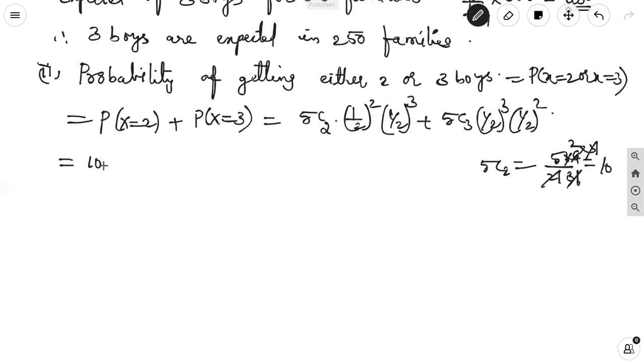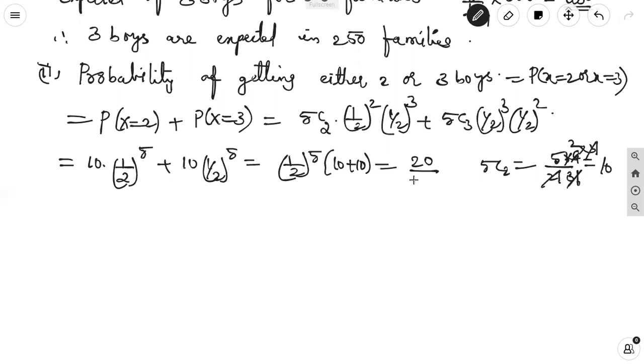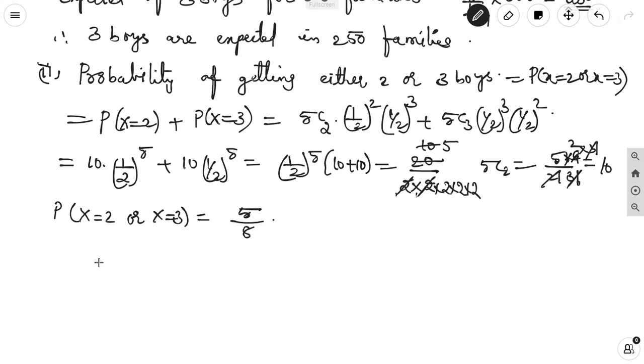It is equal to 10 into 1 by 2 whole power 5 plus 10 into 1 by 2 whole power 5. 1 by 2 whole power 5 is taken common. 10 plus 10 is 20. 20 by 2 power 5. 2 into 2 into 2 into 2 into 2. So probability of x equal to 2 or x equal to 3 is equal to 5 by 2 to the 4, that is 5 by 8.